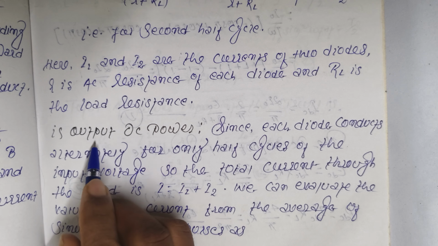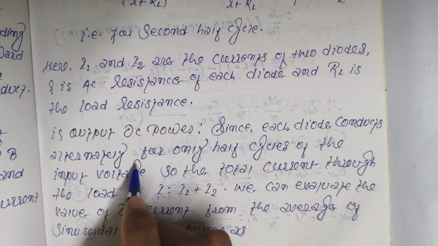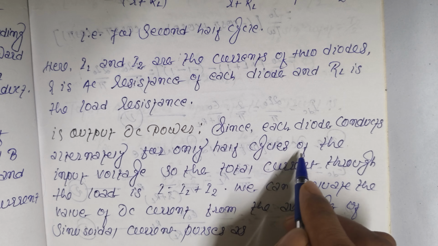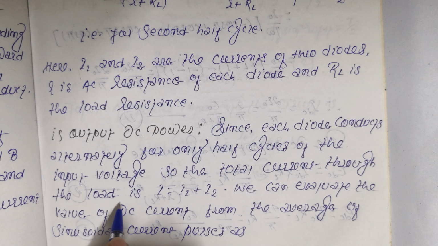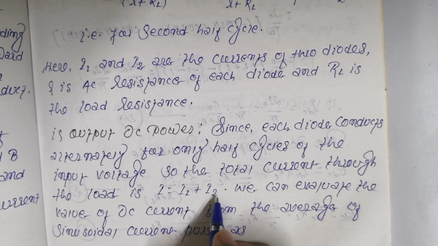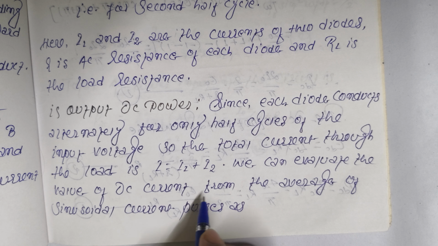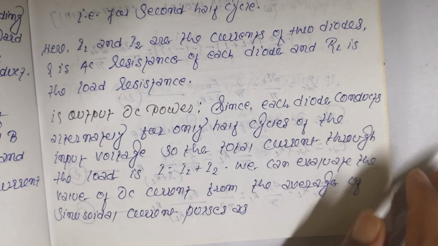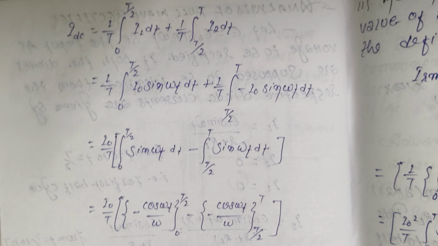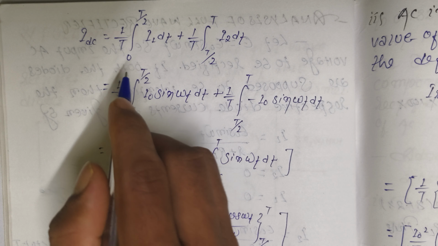First point, friends, output DC power. Since each diode conducts alternately for only half cycles of the input voltage, the total current through the load is I = I1 + I2. We can evaluate the value of DC current from the average of sinusoidal current pulses as follows. This is the calculation, friends, and it is important.